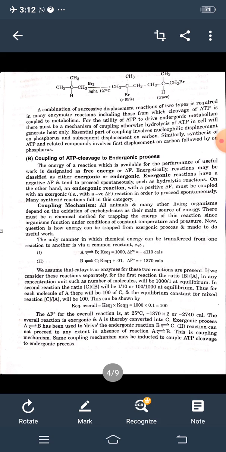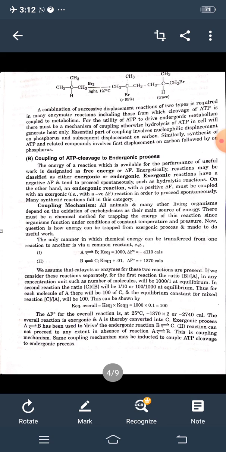On the other hand, the endergonic reactions with a positive delta F must be coupled with an exergonic, that means negative delta F, reaction.